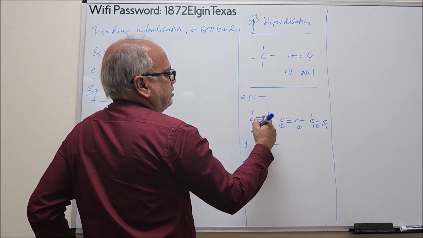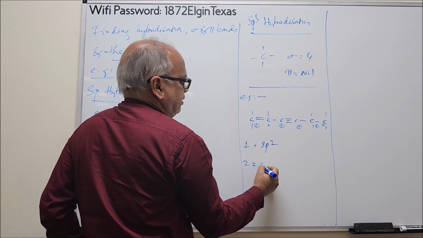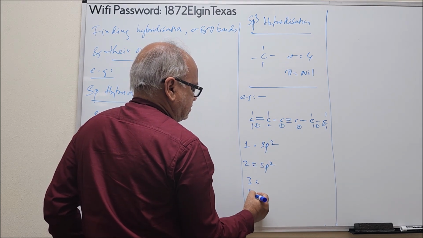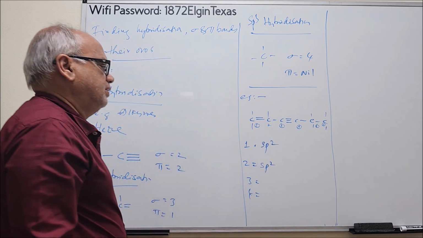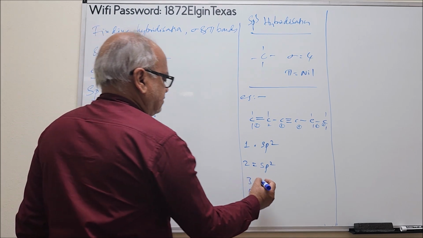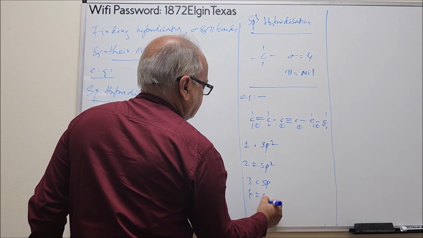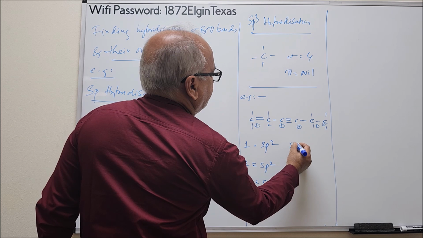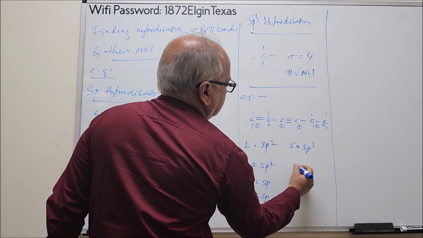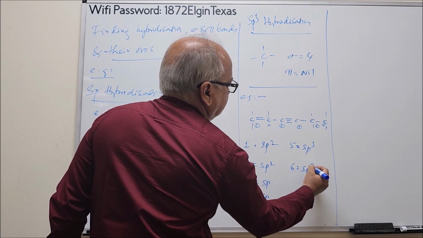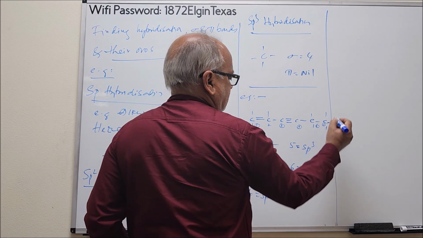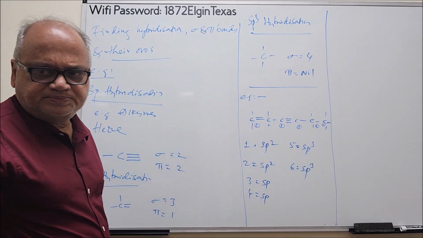On second carbon same, 2 sigma and 2 pi, therefore sp hybridization. On third and fourth carbons the pi bonds are 2 and the sigma bonds are 2, therefore it is sp hybridization. On the fifth carbon atom 4 sigma bonds, therefore sp3 hybridization. On sixth carbon atom there are 4 sigma bonds, therefore it is sp3 hybridization.